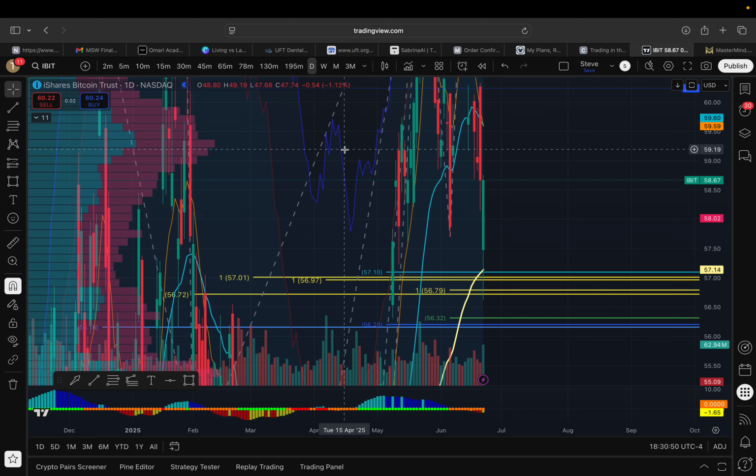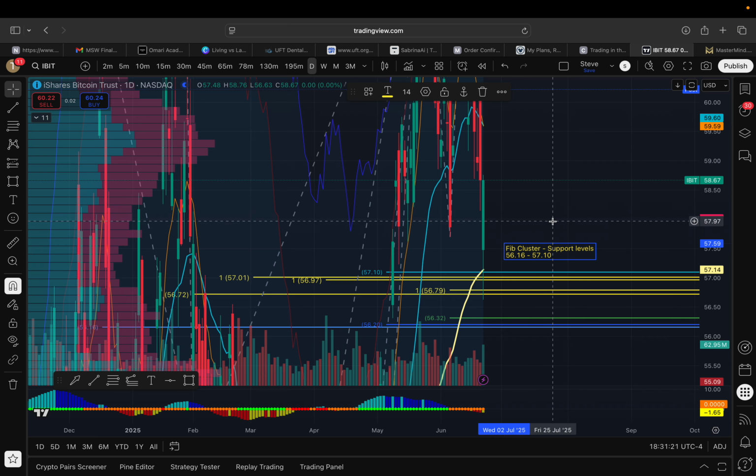I want to make a note of this, so I'm going to take my text tool and type that in. I want to put fib cluster support levels: 56.16 to 57.10.